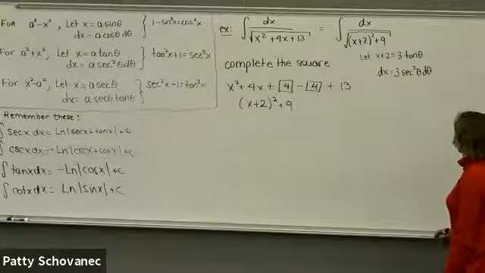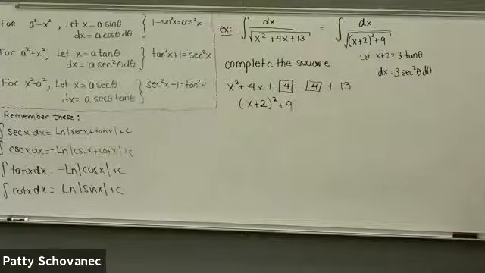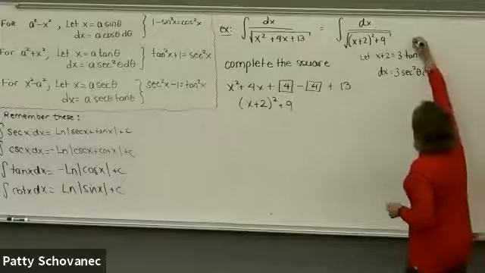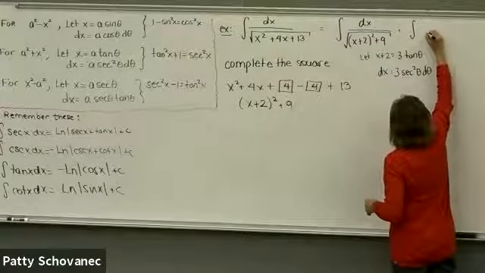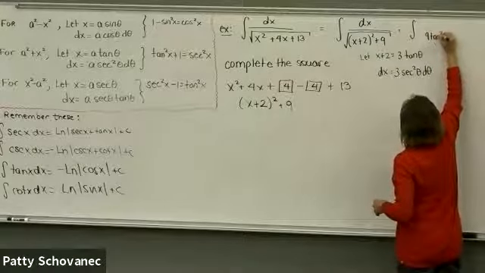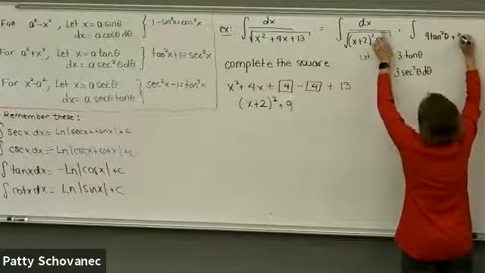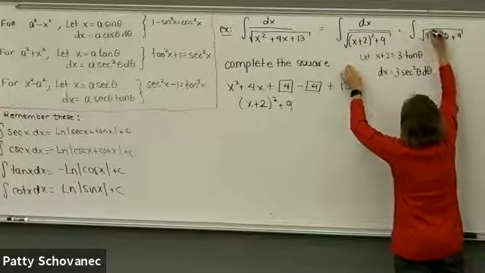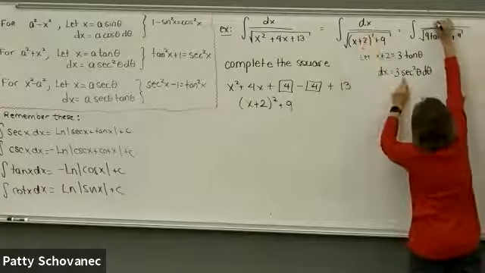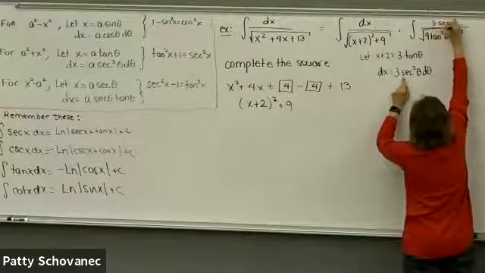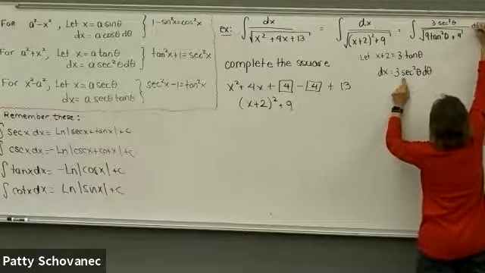Okay, so if x plus 2 is 3 tan theta, x plus 2 all squared will be 9 tangent squared theta. Can you see that? Now plus that 9, slap the radical sign back on it. And now dx is 3 secant squared theta d theta.